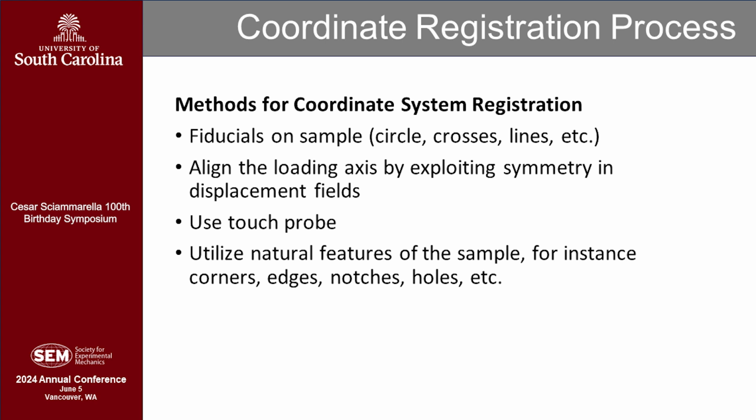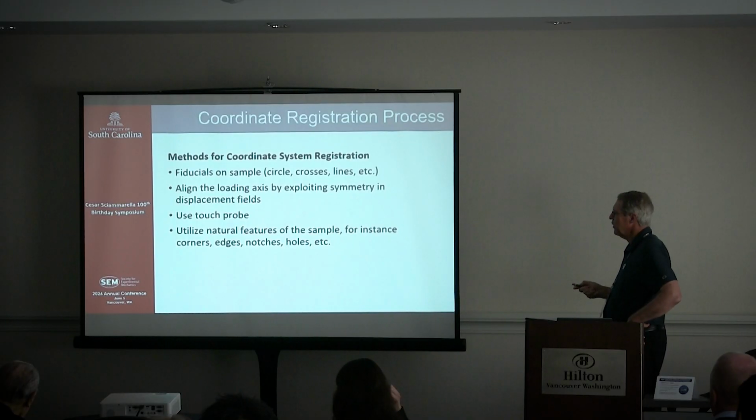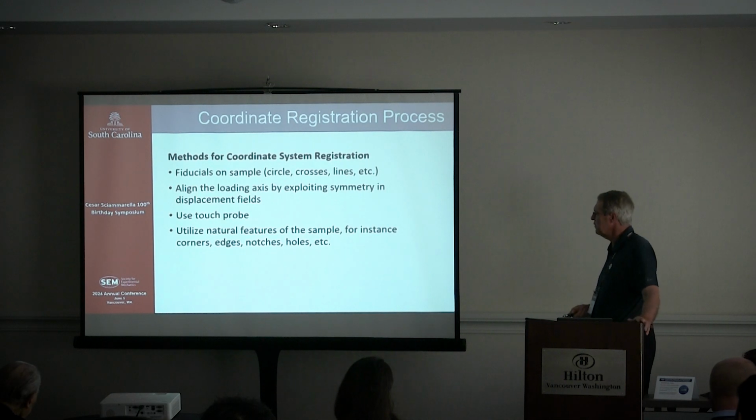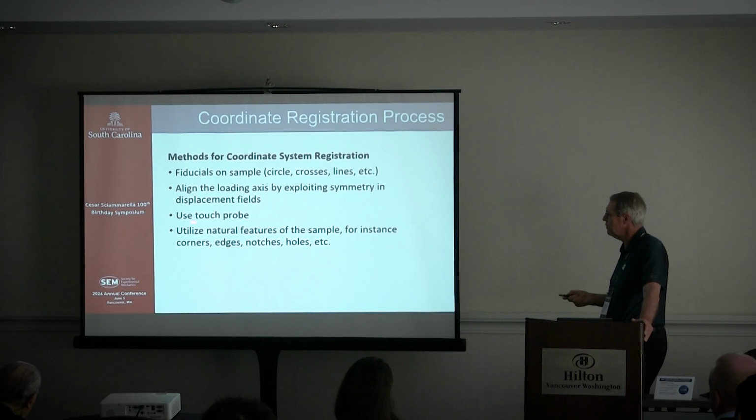So how do you typically do coordinate registration? There's all sorts of ways to do this. You can talk to folks in all sorts of areas, and you have fiducial marks. You can align axes by exploiting symmetry. You can use a touch probe. Some colleagues of mine at another university were using touch probe for some of their registration processes.